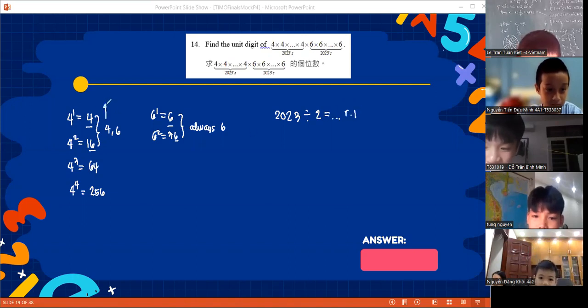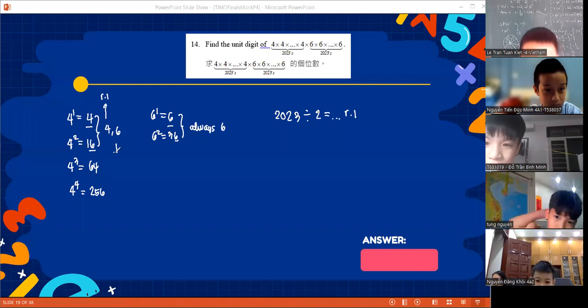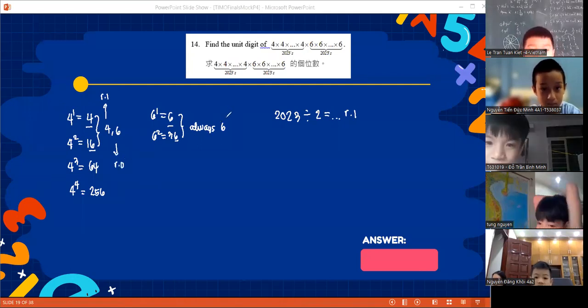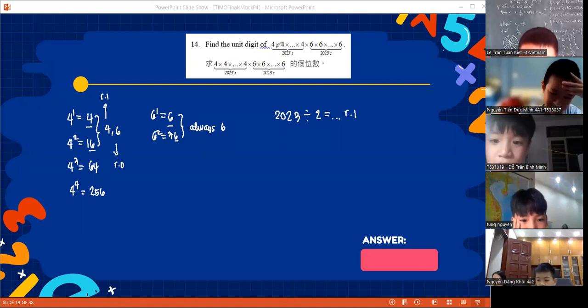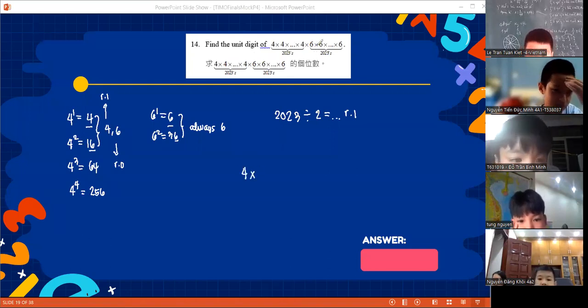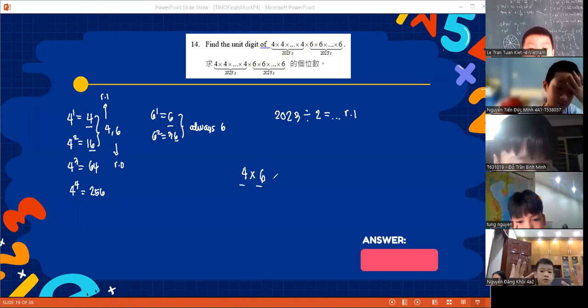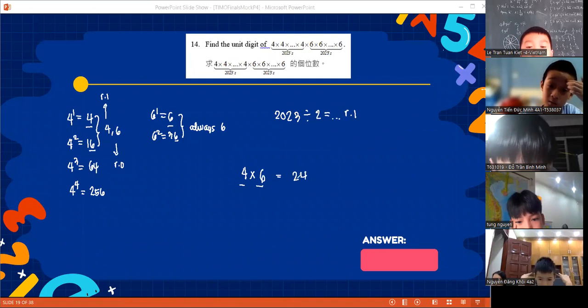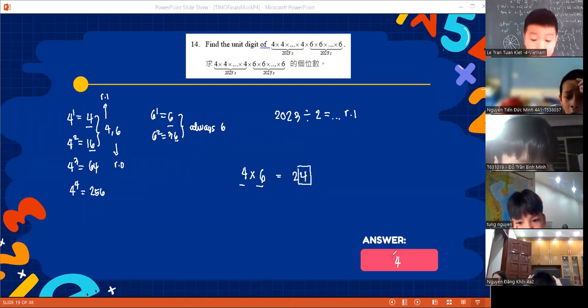So finally, this one would be 4 times 6, and 6 times 6 is always 6. So that would be 24. Getting the unit digit only, the answer is 4.